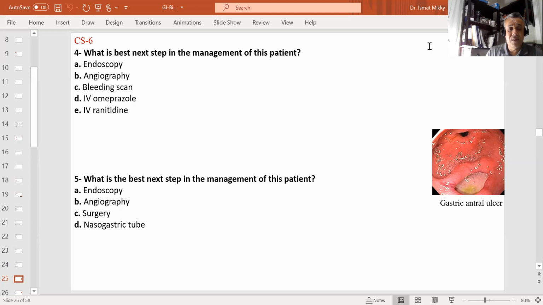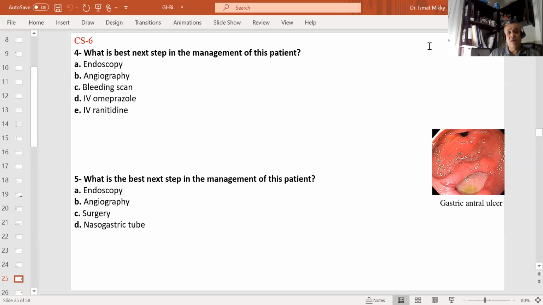So the next step, number 5, in the management would be the endoscopy. After adequate volume resuscitation, correcting for anemia and coagulopathy, the best next step is upper endoscopy, known as EGD, esophagogastroduodenoscopy.